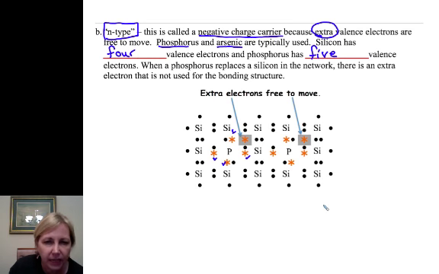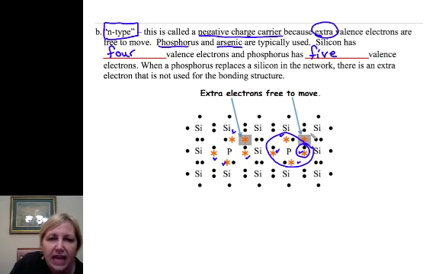It's not tied up in the bonding structure anywhere. So here's another phosphorus. 4 valence electrons are used, so you can kind of circle that. Do you see those are used to fill in the octet? And then the 5th is free to move. So once we have those extra electrons in there, if we have freely moving electrons, we have conductivity.